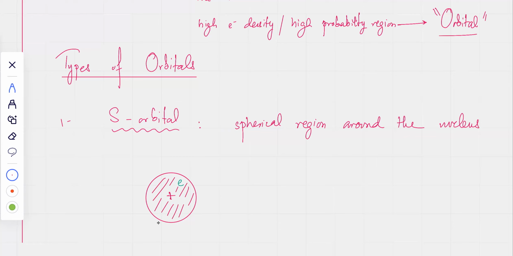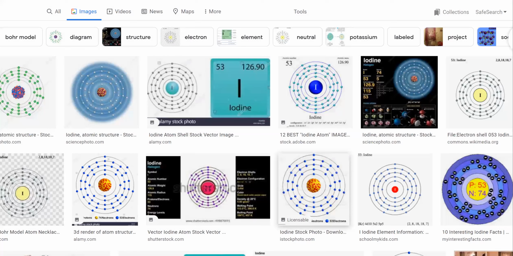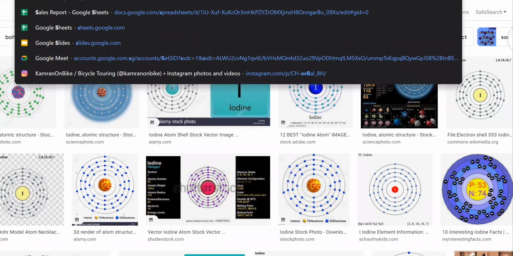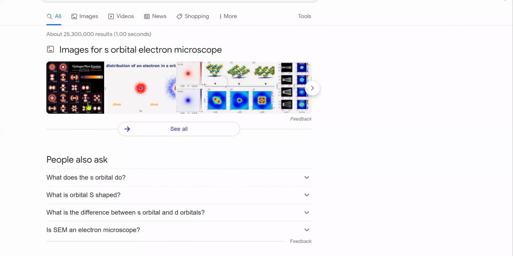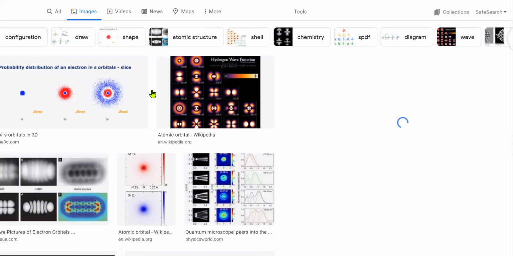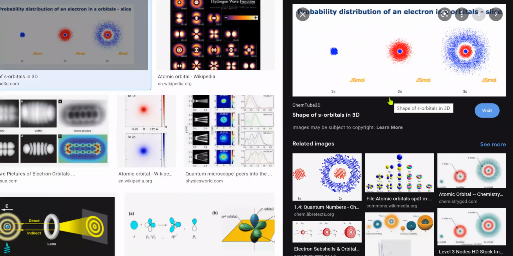And I can also show you what we mean by this. These orbitals have been pictured. So it's going to be something like this. This is the area where there's a high chance of finding the electron.